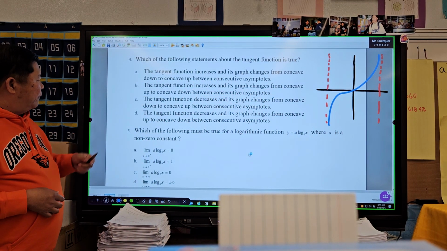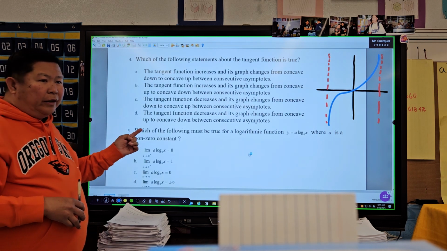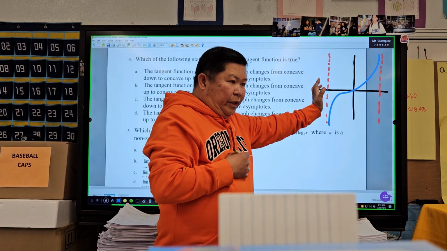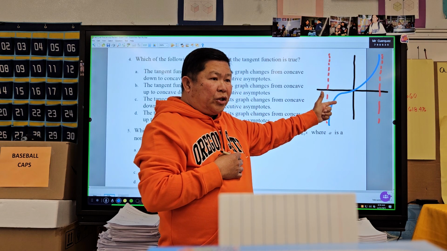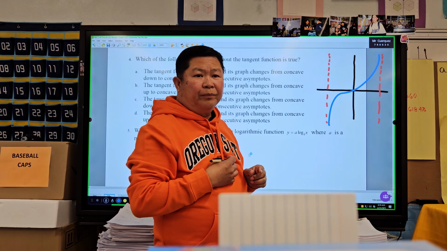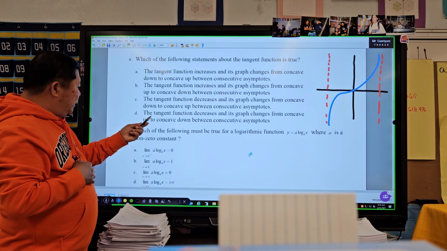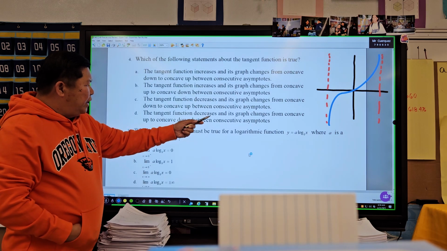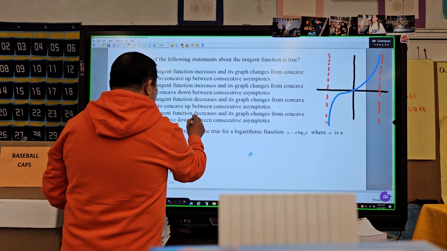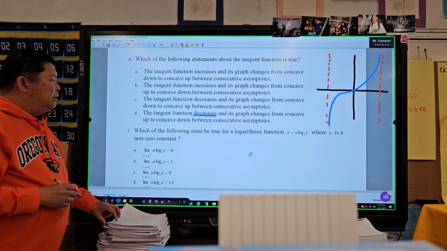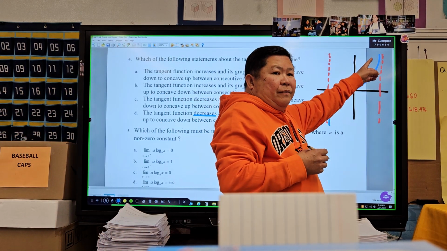Okay, so we have the options right here, and I'll go backwards. Let's take option D first. This graph serves as information about the tangent function. Letter D says the tangent function decreases and its graph changes from concave up to concave down. Is the graph decreasing?